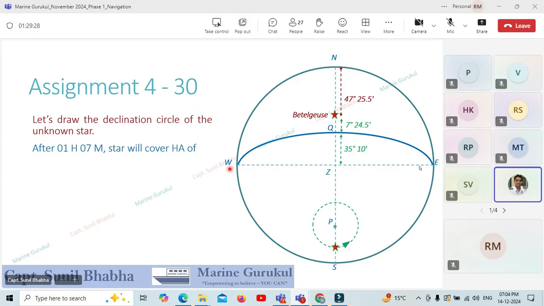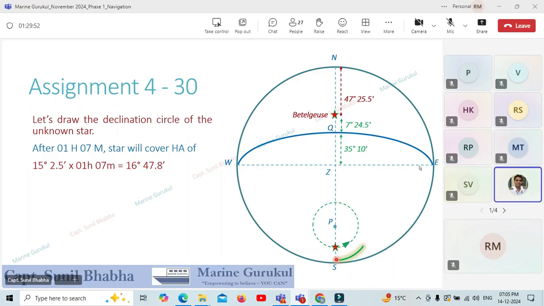Now we know that stars cover their hour angle at a rate of 15 degrees 2.5 minutes. So in 1 hour and 7 minutes, the star is going to cover an hour angle of 16 degrees 47.8 minutes. So let me show this hour angle in the diagram now.